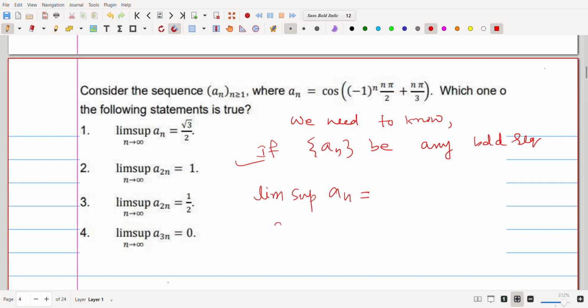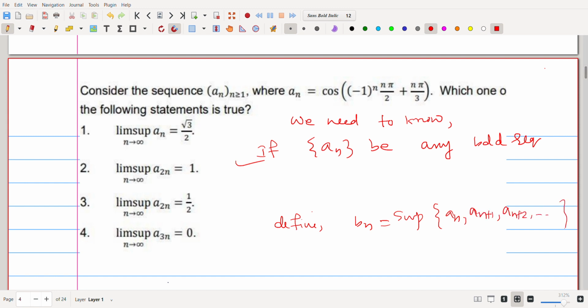First define a sequence B_n as the supremum of a_n, a_(n+1), a_(n+2) and so on. This is a sequence. Now take the limit of B_n, that is called lim sup of a_n.